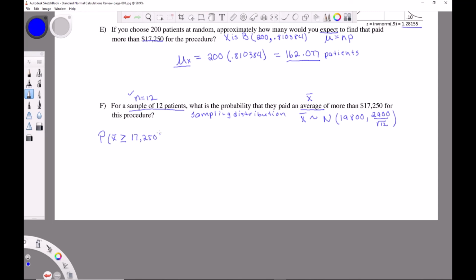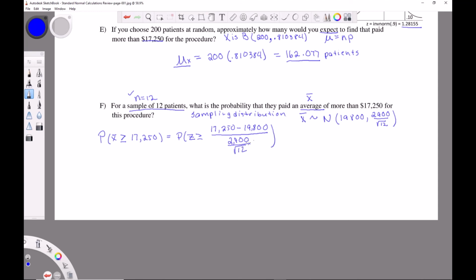17,250. That's the same as the probability that z is greater than or equal to 17250 minus 19,800, over 2,900 adjusted by the square root of 12.